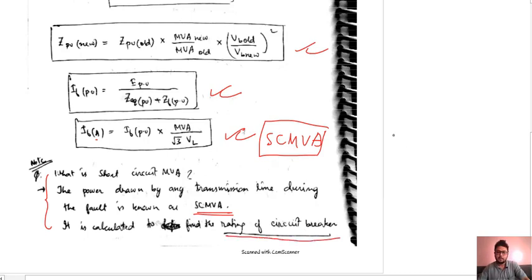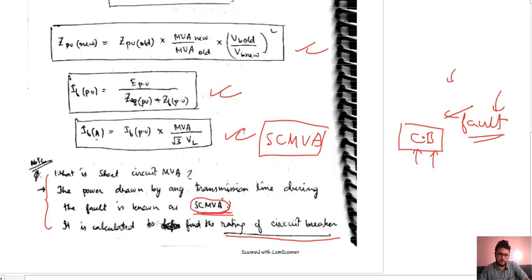In a power line we will be connecting a CB, and the CB operates whenever there is a fault. The relay will detect, and the circuit breaker will trip the circuit. But what should be the range of the circuit breaker depends on the short circuit MVA. So short circuit MVA is very, very important.